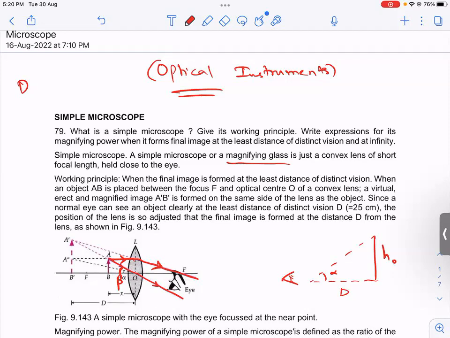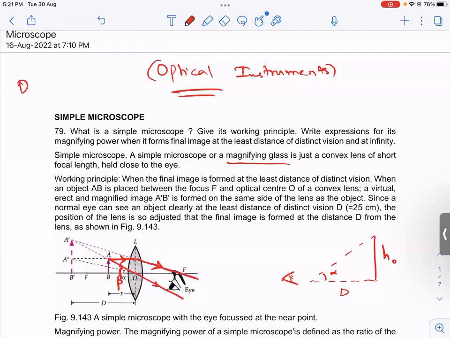Generally, what is the least distance of distinct vision? It is the distance between the eye and the place where the object is kept. But here, the position is adjusted such that, for example, if your eye's least distance of distinct vision is 25 centimeter, you adjust the object distance so that the image distance with respect to the optical center is also 25 centimeter.